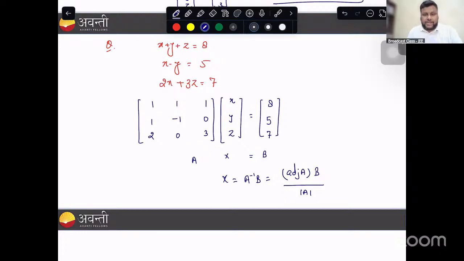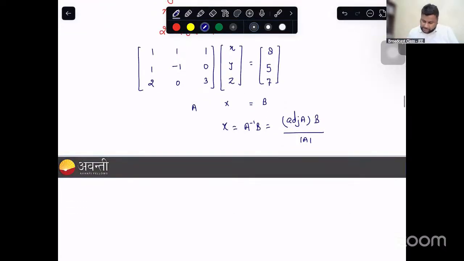Now what next? Quickly tell me. Now your A is 1, 1, 1, 1, minus 1, 0, 2, 0, 3. I'll make the matrix C, which is made up of the cofactors of elements of matrix A. So with respect to 1, it is minus 3.